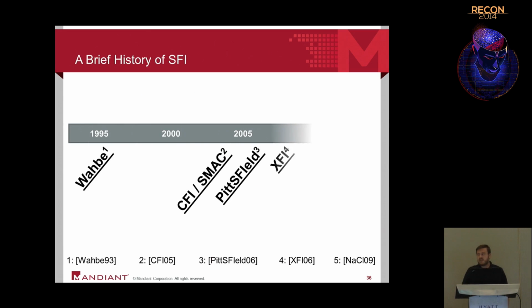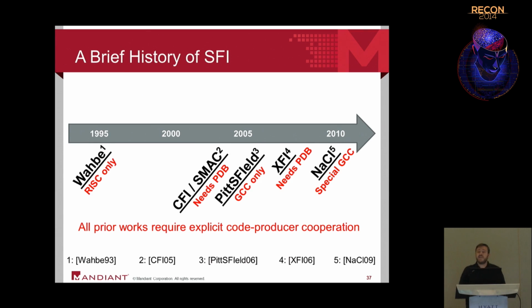So this kind of work has been done for a while. It was originally done on RISC a long time ago, I think '96 if I remember right, by Wahbe et al. And then there has been a lot of work out of Microsoft and Google and a team that did the system called Pittsfield. They all have come up with solutions to this, but every single one of them has required code producer cooperation.